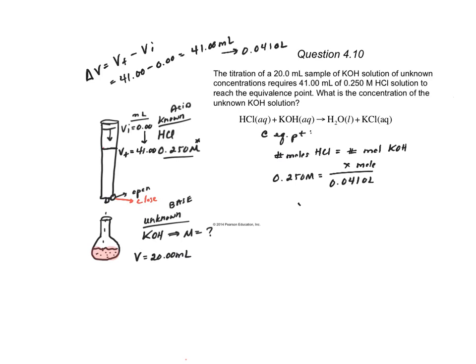So when we do that, we end up getting 0.01025 moles of HCl, right? So that's the number of moles of acid that were required to get us to the equivalence point. We know that at the equivalence point, this is numerically equivalent to the number of moles of base that were there, right? So this also equals the number of moles of KOH.